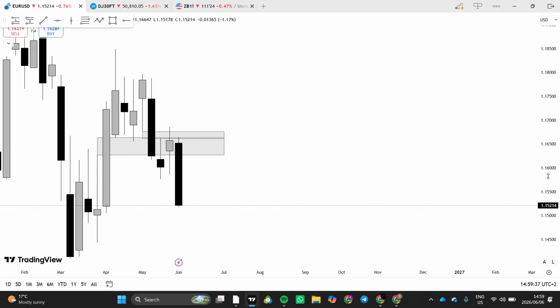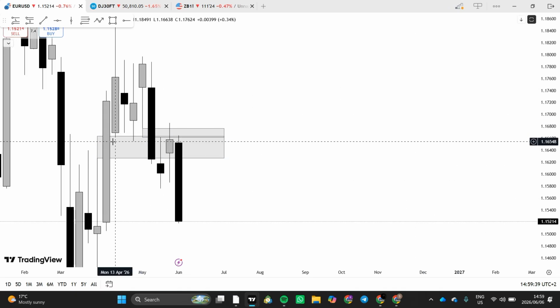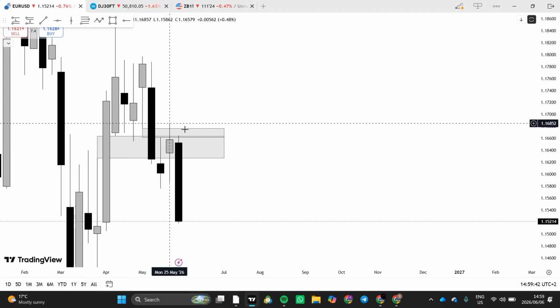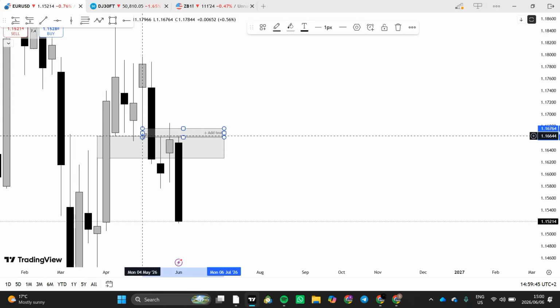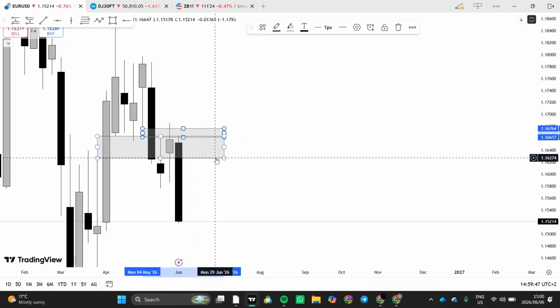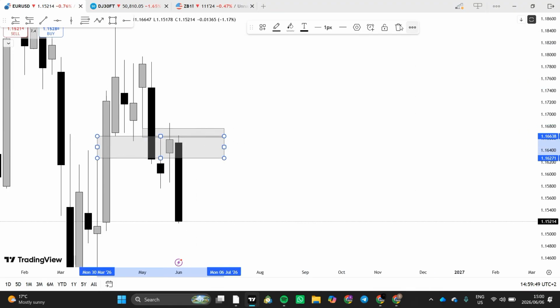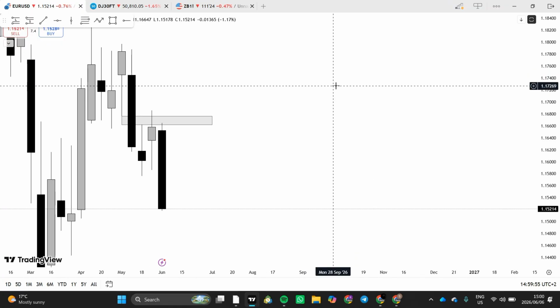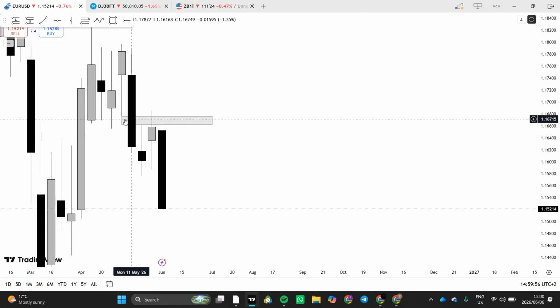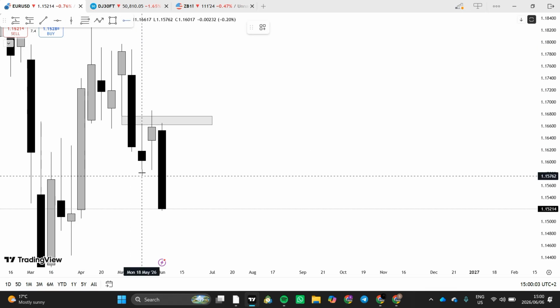When these two overlap, when the fair value gap and the inverse fair value gap overlap, we then have what we call a BPR, balance price range, right over here. So this was our key level, a fair value gap plus an inverse fair value gap, giving us a BPR right over there.